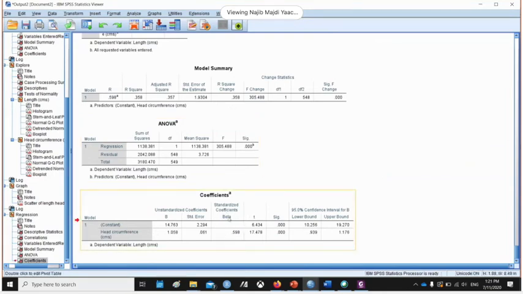We are interested with this table only. We need to evaluate the constant. The constant is the intercept, and the unstandardized coefficient beta for head circumference is the slope.